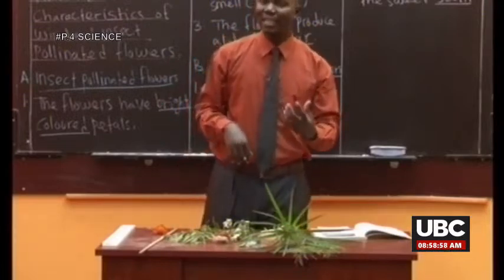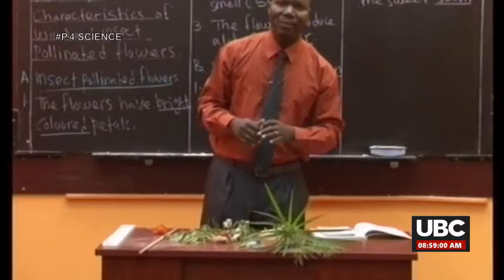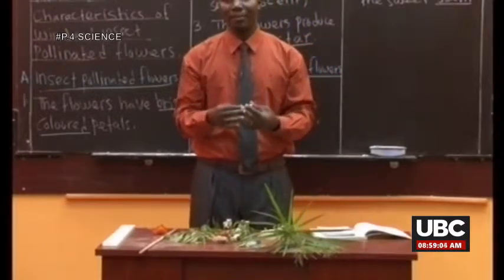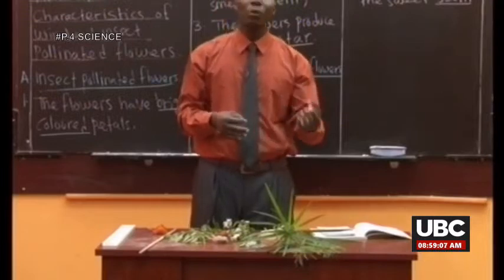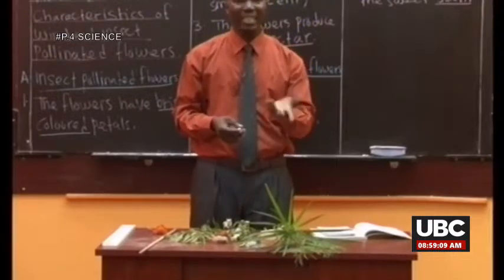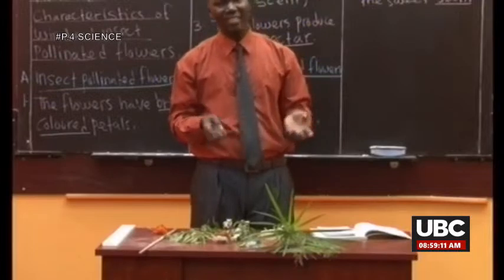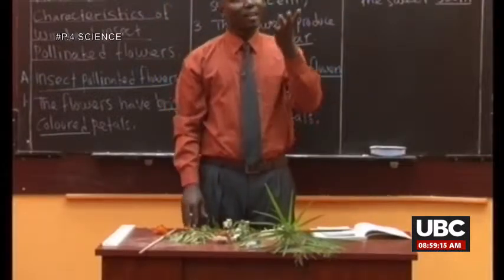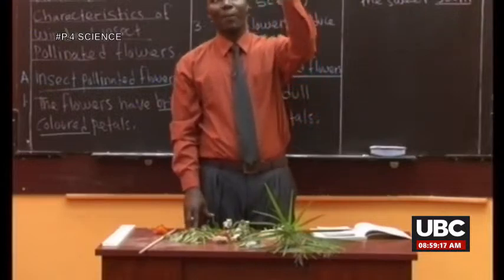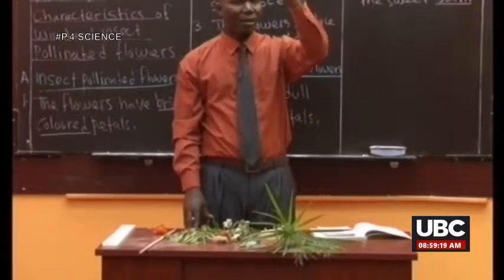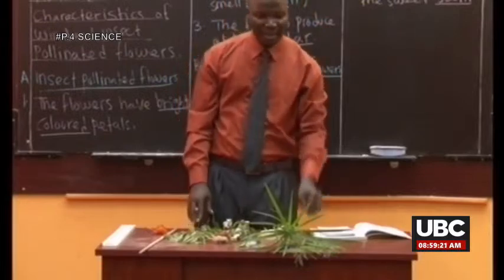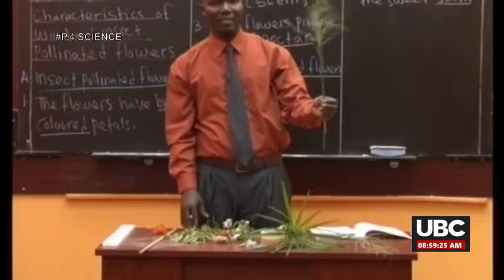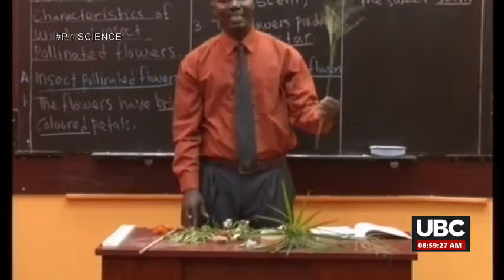And then children next, we are saying these flowers have no nectar. They don't produce a lot of nectar. There is no nectar in these flowers. Besides, there are no insects coming for the nectar. Look at the maize, that upper part there of the maize. No nectar at all. Look at my grasses, children. They have no nectar.